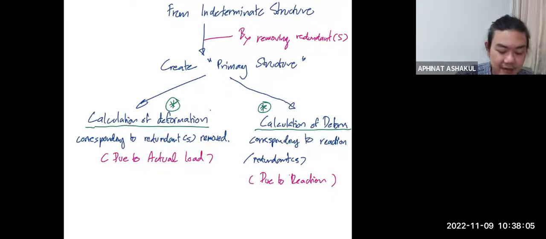And the trick is that when you remove redundants, the structure becomes determinate, so you can actually calculate whatever you want with the structure. This time we must calculate deflection. The fact that we can calculate deflection comes from the structure being turned into a determinate structure.